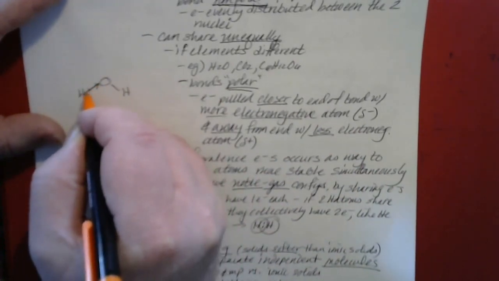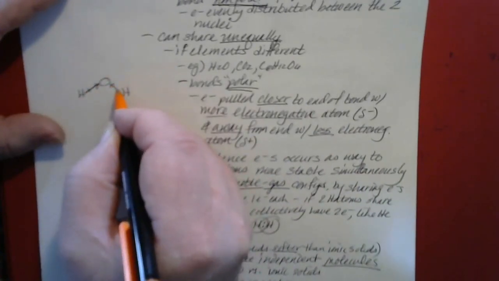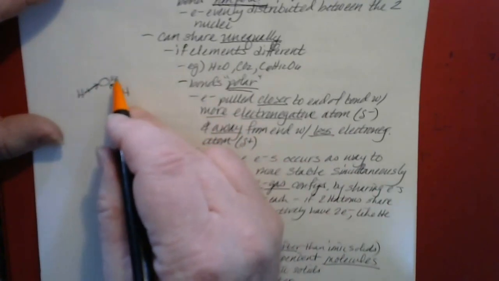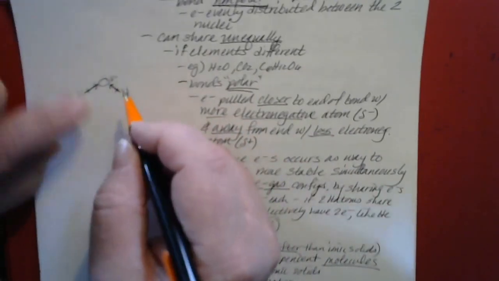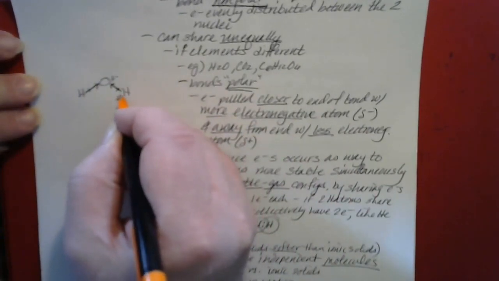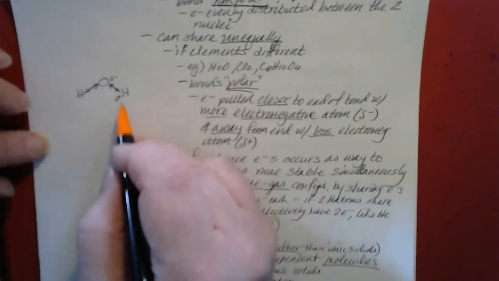And so the electrons involved in the hydrogen-oxygen bond will tend to be pulled closer to the oxygen and away from the hydrogen. And so the oxygen end of the bond will have a partial negative charge on it because the electrons spend more time up there by the oxygen. And the hydrogen end of the bond will have a partial positive charge on it because the electrons spend less time down by the hydrogen. And that'll be true for both bonds.